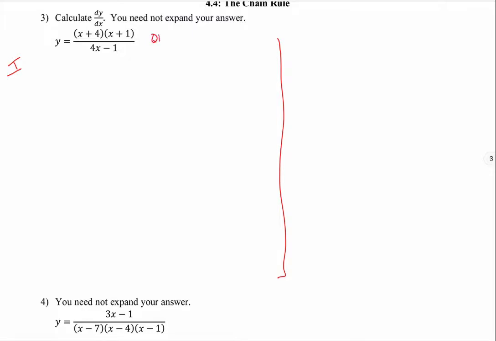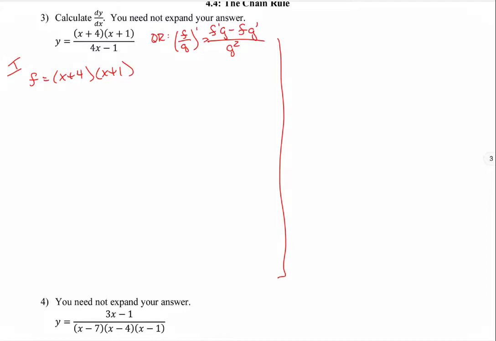So I have the quotient rule. f over g prime equals f prime g minus f g prime over g squared, where f equals x plus 4 times x plus 1.